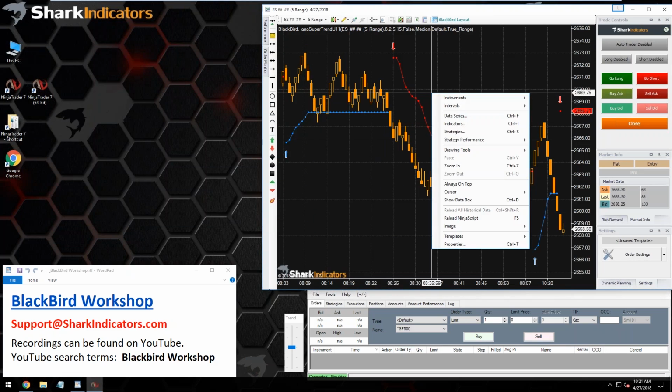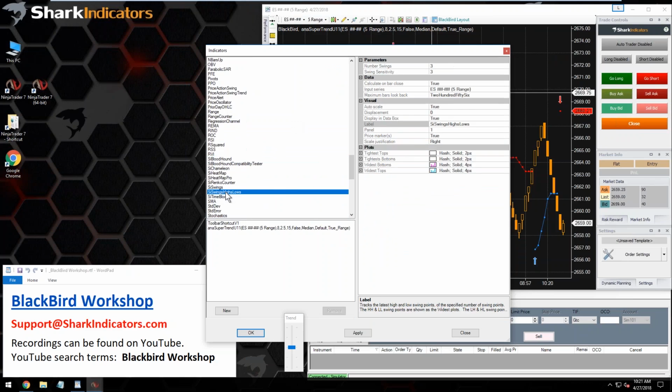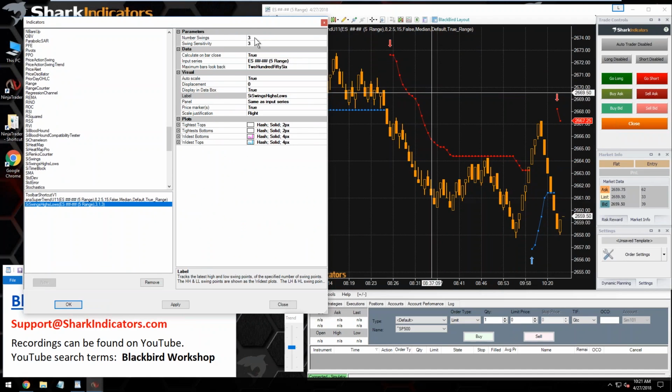Oh, and we need one more thing: the swing highs and lows indicator, because that is going to be used to set the stop loss. I'm not sure what settings to use, but I think 4 and 3 ought to work pretty good.